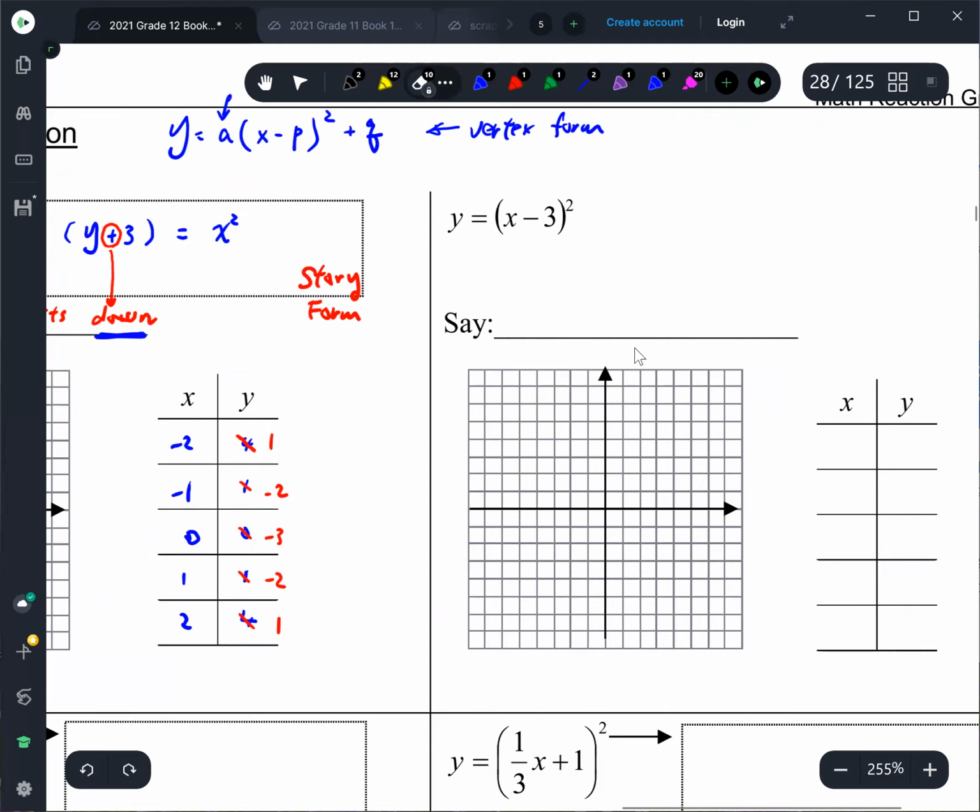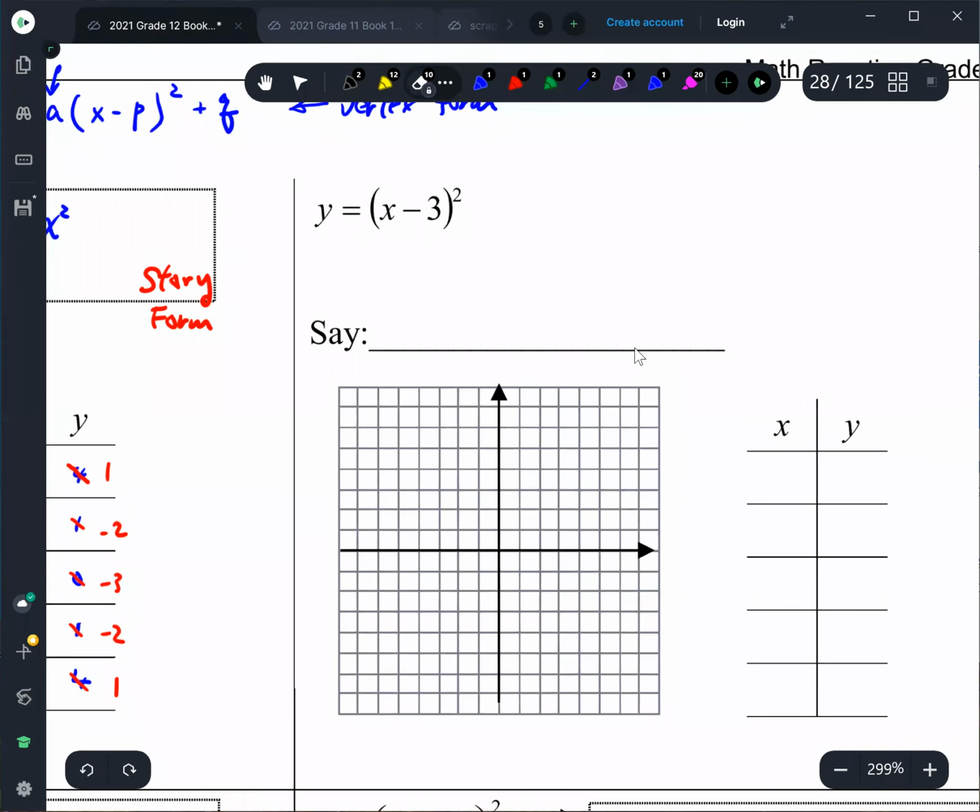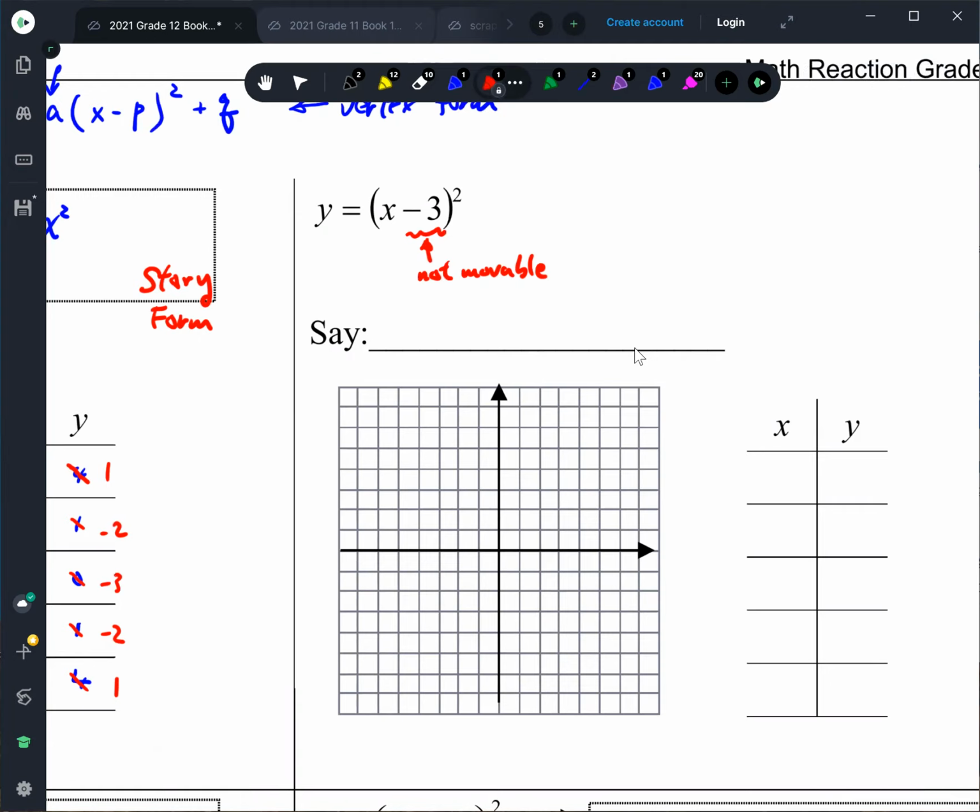Is this -3 movable to the y side? I'll repeat that question again. Is this -3 movable to the y side? Jenny? No, because it's in the bracket. Yeah, in the bracket, so not movable. So what do you think it will do to the graph then?